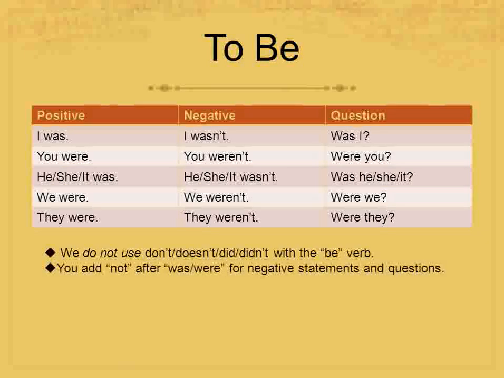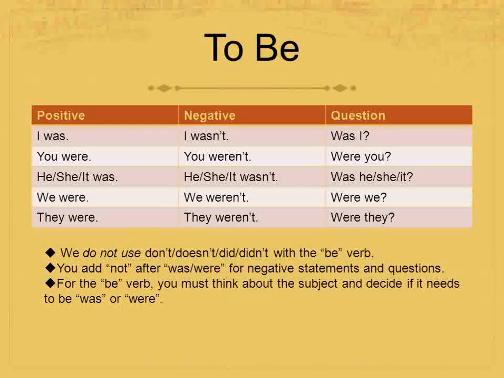So to make this negative, we add not after the be verb. So we have was not, were not. Those are the only two options that we have. So no do, no did, no didn't. We will just add the word not.